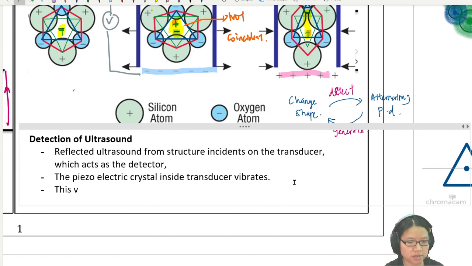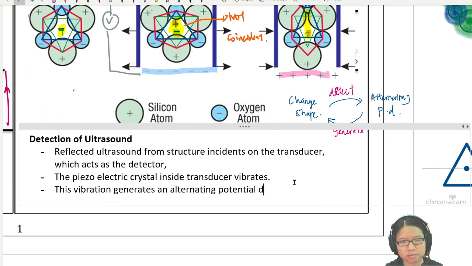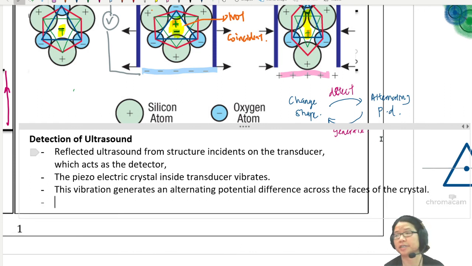So this vibration generates an alternating potential difference across the faces of the crystal. What do we do with this alternating potential difference?